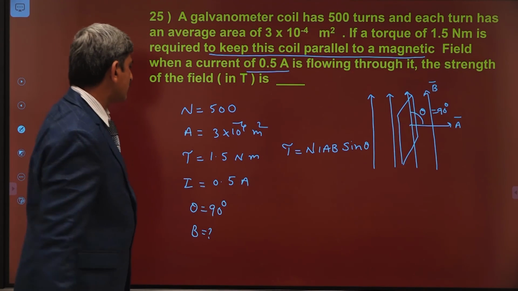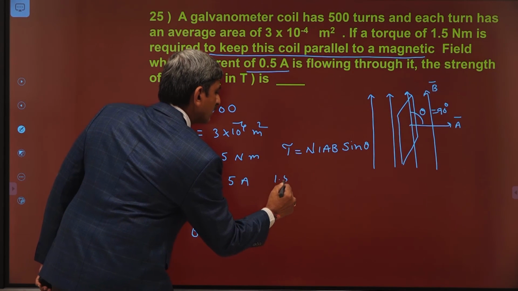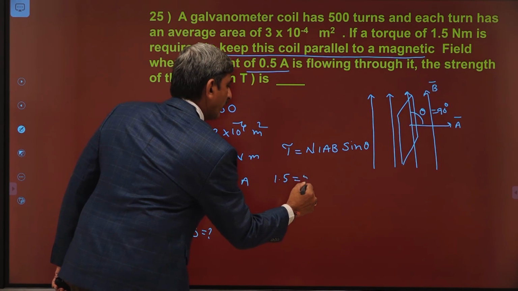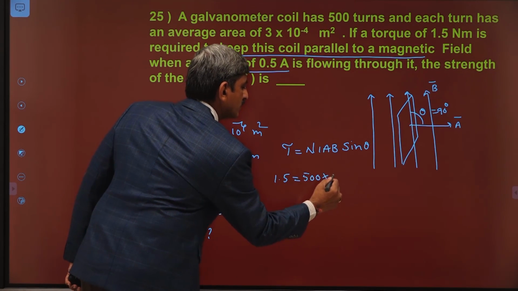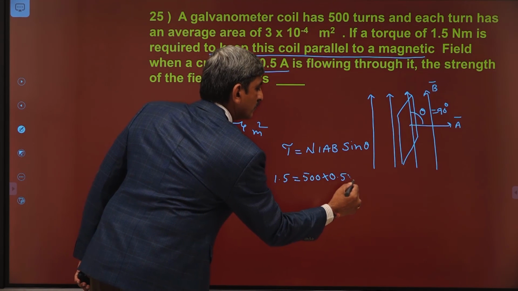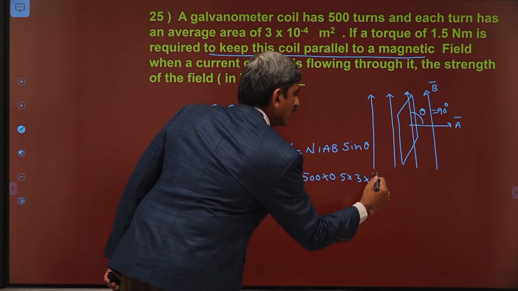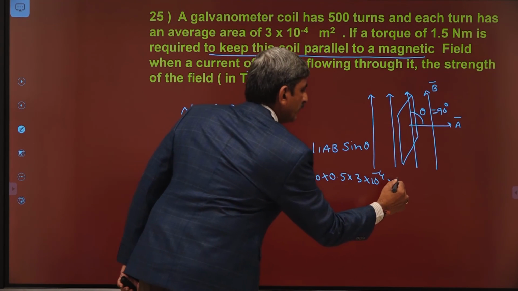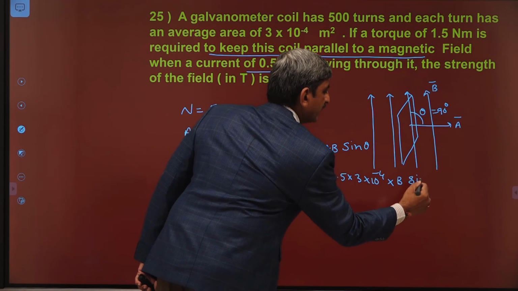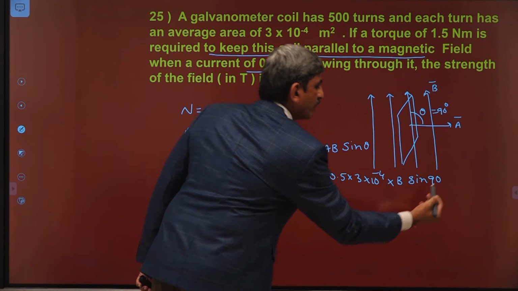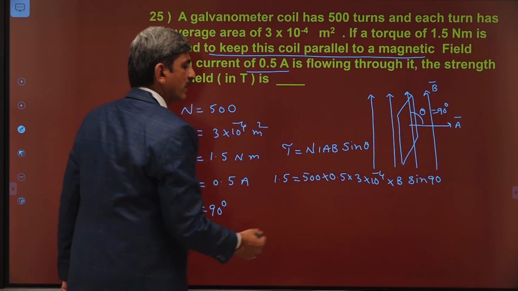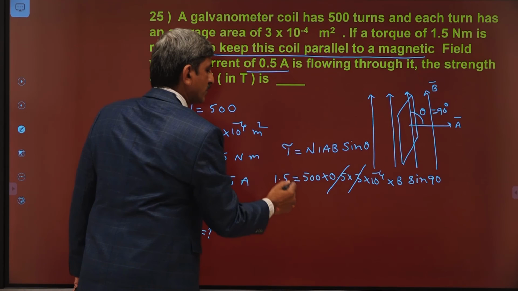Further substitute the values. 1.5 is equal to 500 into 0.5 into 3 into 10 to the power of minus 4 into B is unknown, sin 90. We know that sin 90 is equal to 1. 0.5 into 3 is equal to 1.5.